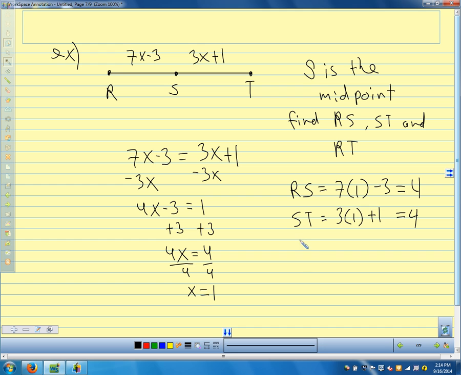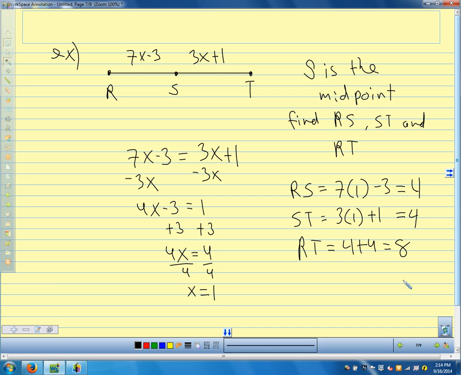And then RT, the whole segment together, how do we find that? Add the two. 4 plus 4 equals 8. And what postulate tells us I can add the two smaller pieces and get the bigger piece? Segments. And we're adding them. The lengths. The segment addition postulate tells us we can add the two pieces to get the whole thing together.